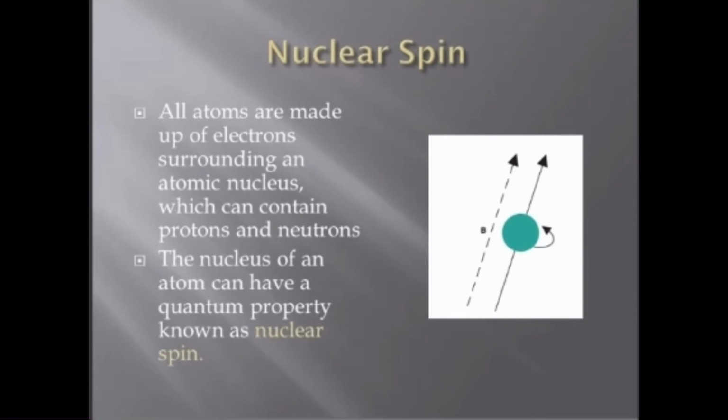The nucleus of an atom can have a quantum property known as nuclear spin. A rotating nucleus with a positive charge produces a magnetic field known as the magnetic moment, oriented parallel to the axis of rotation.